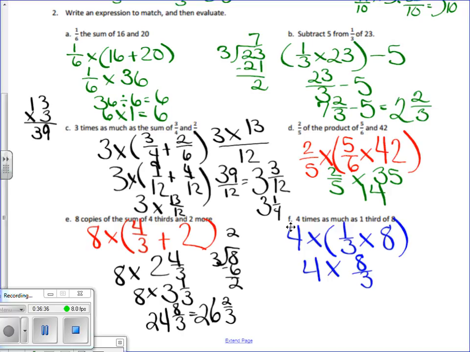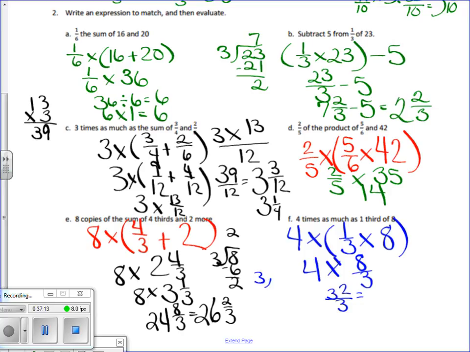So that would be 32 thirds. 4 times 8. I'm just going to multiply because this does not simplify. Or 4 times 2 and 2/3. Just 4 times at the end. Does it matter? 2 times 3 is the same as 3 times 2.